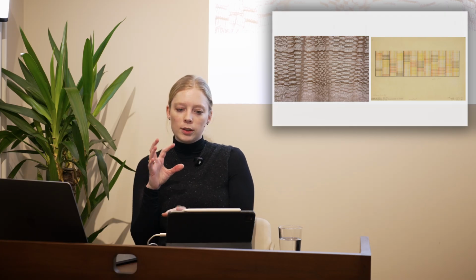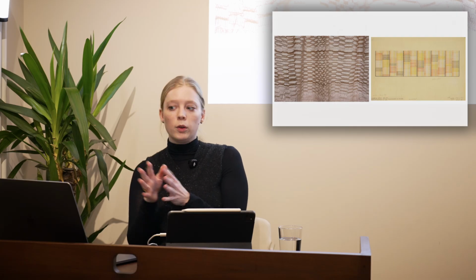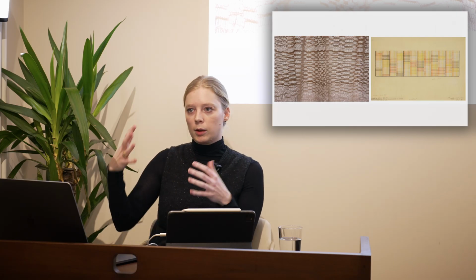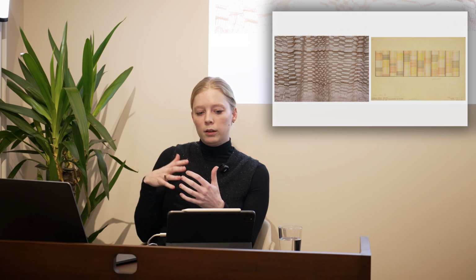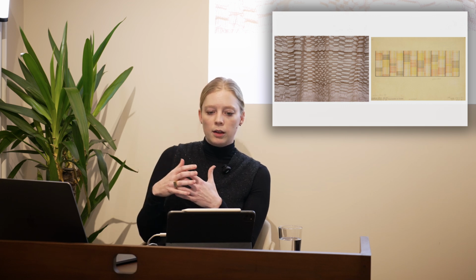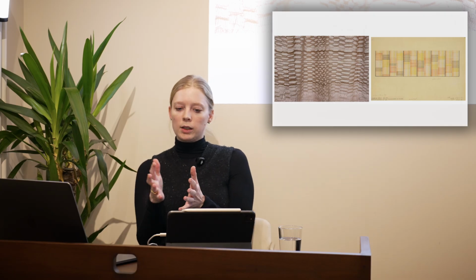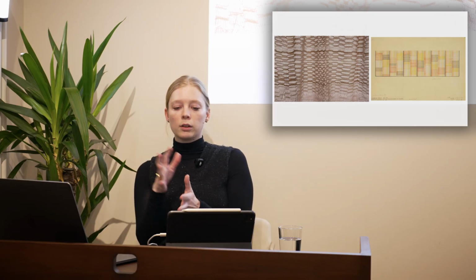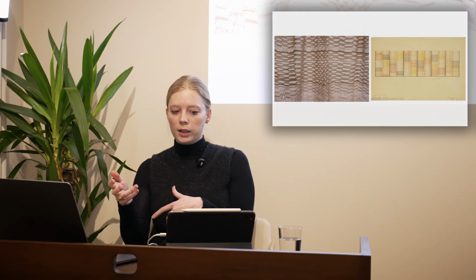So essentially the cladding or the textile wall could become separated from structure. The result of that was a sort of acceptance that the underlying structure of the building was more important than the cladding.